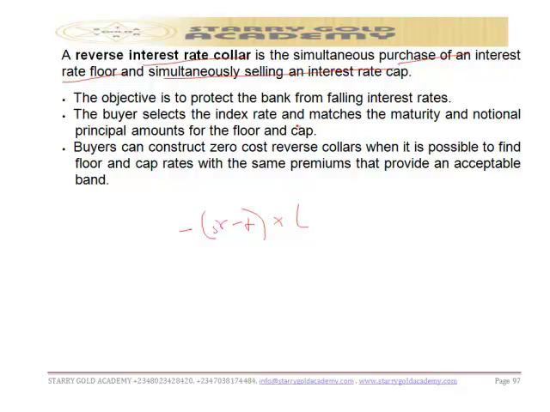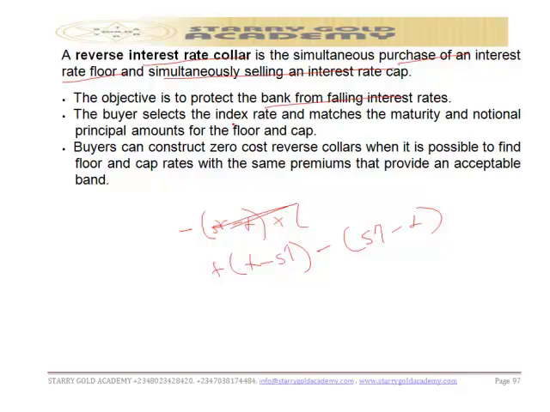When you purchase the floor, it is X minus ST, and when you sell the cap, that is ST minus X. Now, the objective is to protect the bank from falling interest rates.